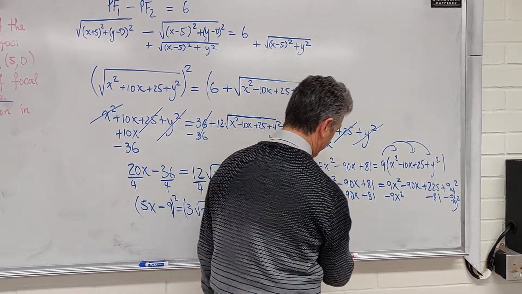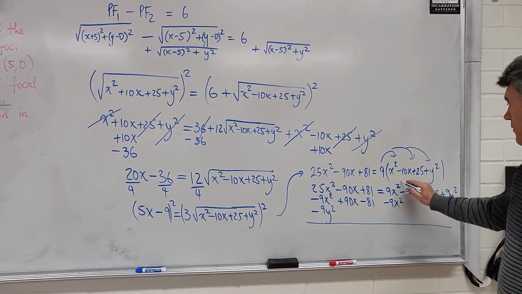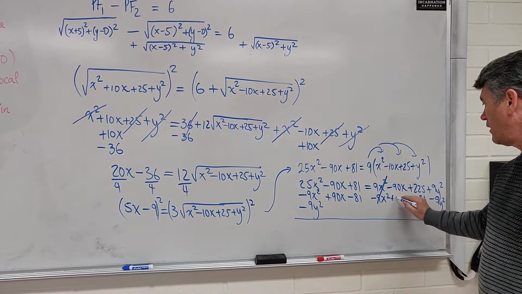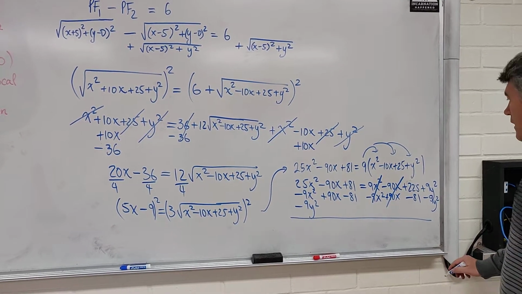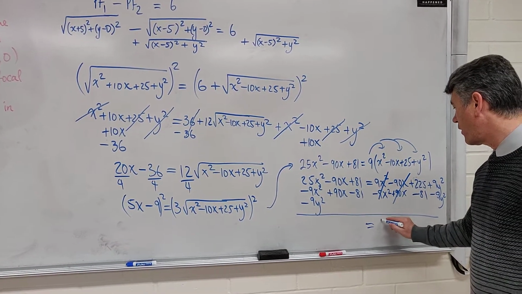And we're almost there. Let's see what I've got. No more 9x squared. No more 90x. So on the right side, we have 144.